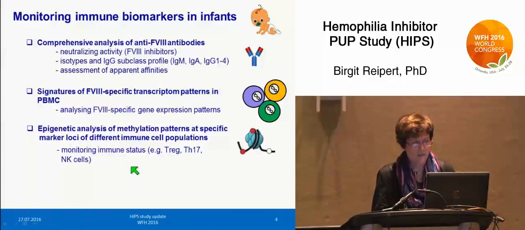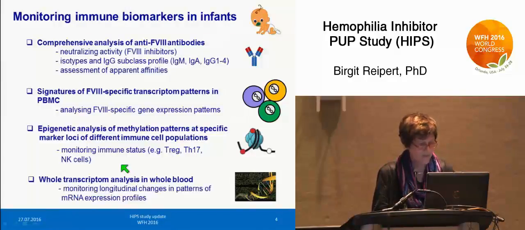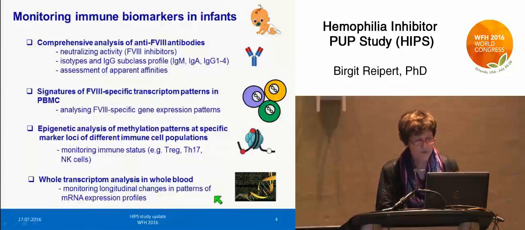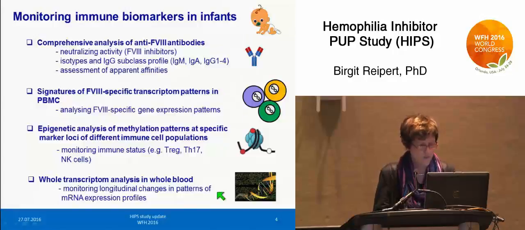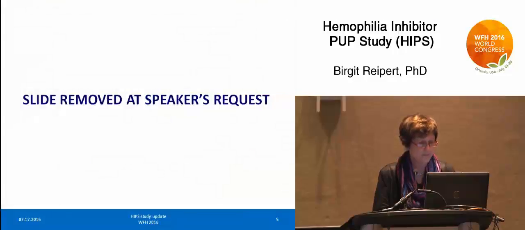Now, another set of these assays is available, and we are just discussing including them because we have some material left. And finally, we also would like to use this precious material to do whole transcriptome studies in whole blood to monitor longitudinal changes in the pattern of mRNA expression profiles.